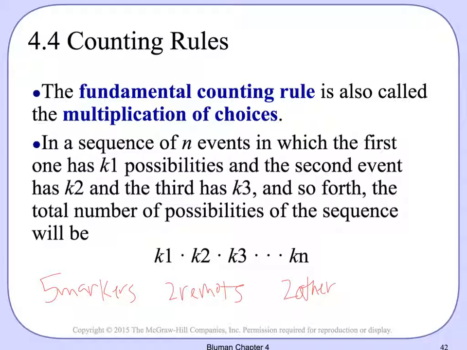It would be 5 times 2 times 2, okay? Because I want one of these, and, you're hearing that word and again, one of these, and one of these. And means? Multiply, right, multiply, the multiplication of choices.